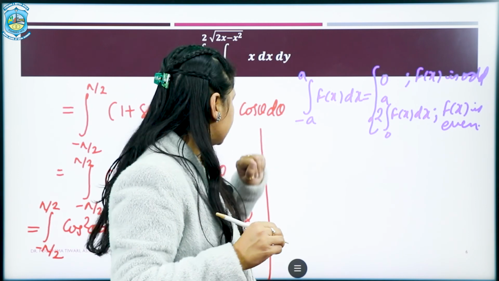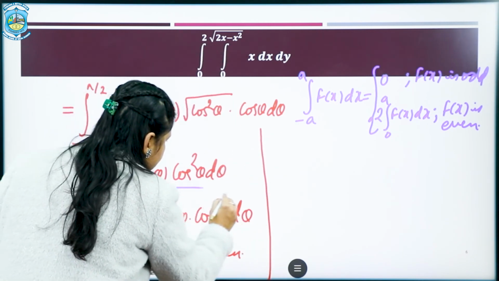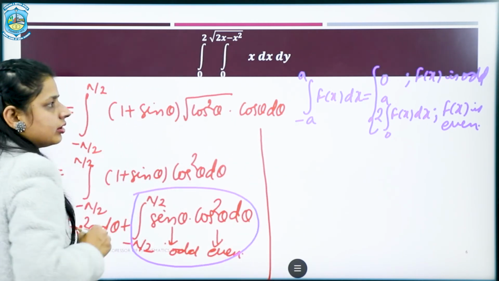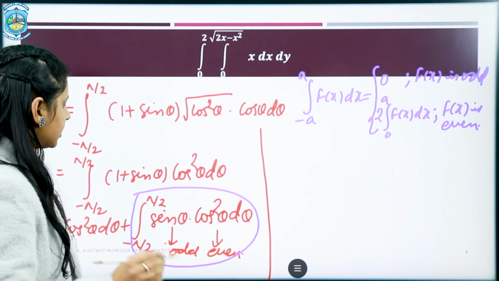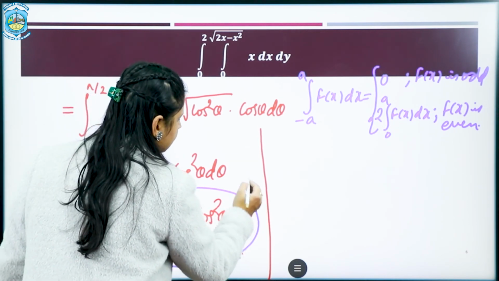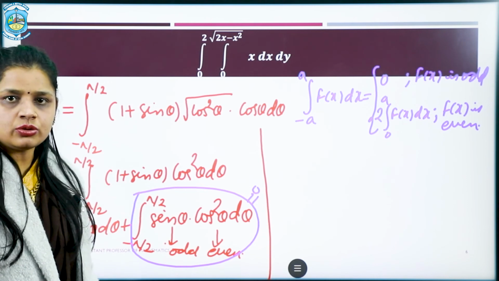Now, when we apply this formula, this term is integral of odd function. So, value of this integral is equal to 0.